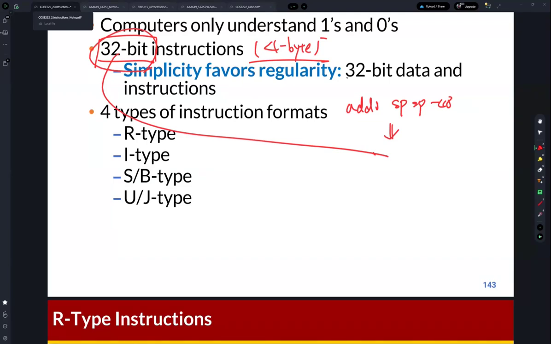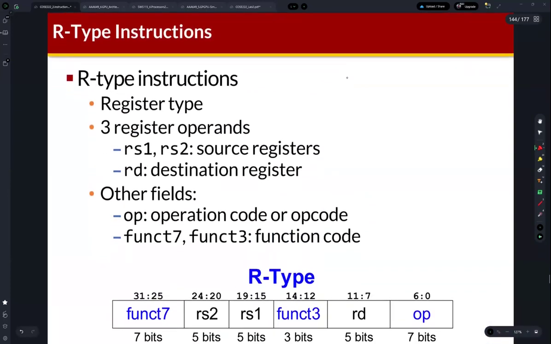RISC-V defines four different types for the instruction encoding. So the RISC-V instructions can be categorized into R type, I type, S type, B type, U type, and J type.